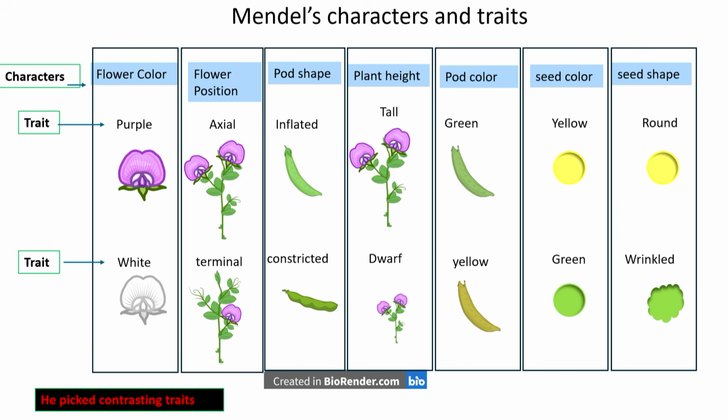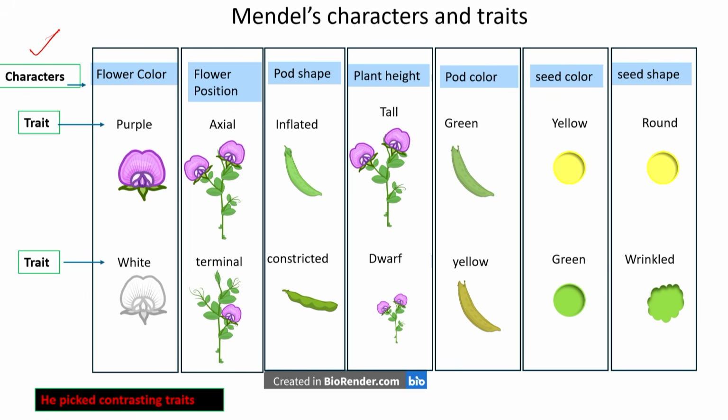So you can see Mendel used the word character, and he used the word trait. So what are the characters? Characters are like flower color, flower position, pod shape, plant height, pod color, seed shape, 7 characters, right? These are the different characters that Mendel took.